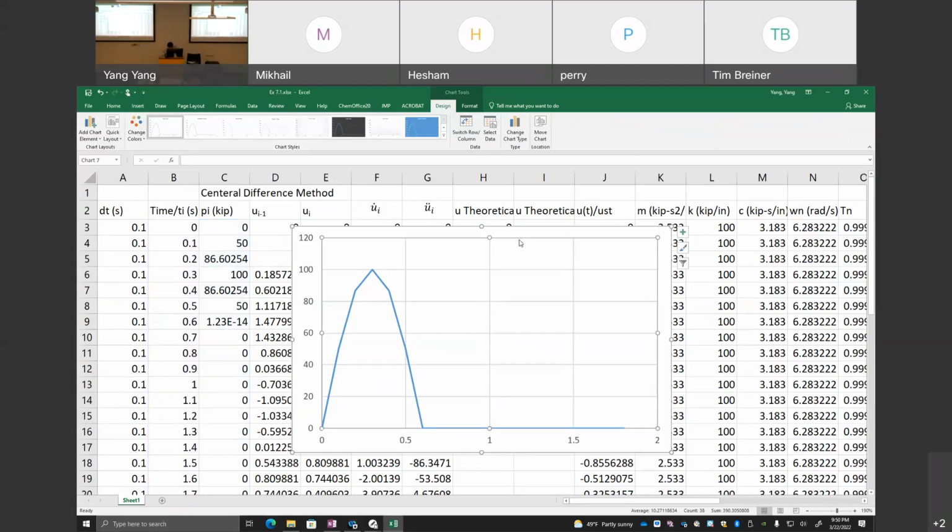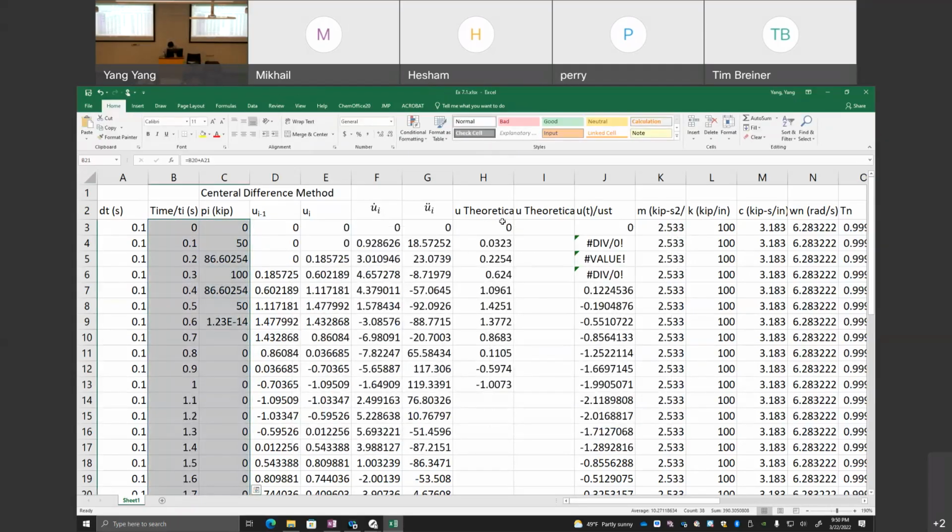And then the next step is we need to calculate the displacement u(i-1). The u(i-1) is calculated based on the initial displacement, velocity, as well as the acceleration.